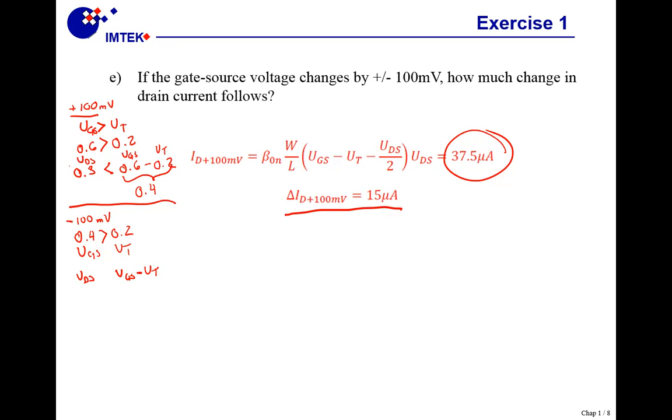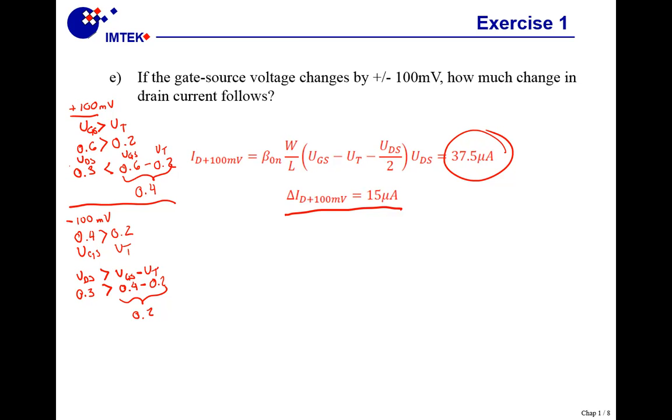So we put the numbers down. 0.3 volts is UDS, UGS now is 0.4, and our UT is still 0.2. If you make the calculation of this part, you end up with 0.2. That means that 0.3 is of course larger than 0.2. That means that we are now working in the saturation region.